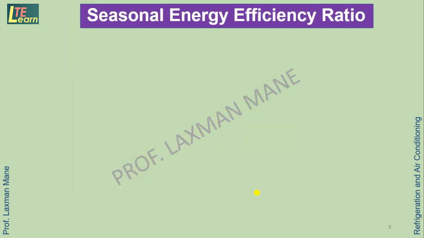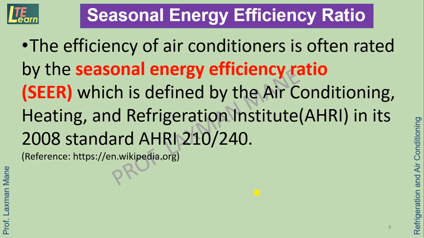Seasonal energy efficiency ratio. The efficiency of air conditioners is often rated by the SEER, which is defined by the Air Conditioning Heating and Refrigeration Institute in its standard 2008, that is AHRI 210/240.